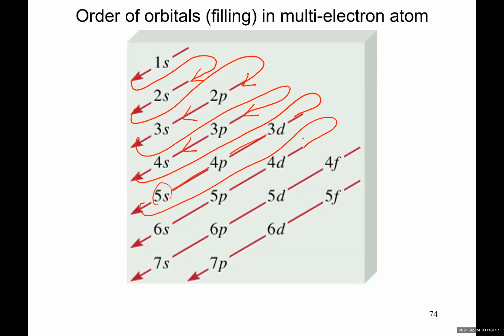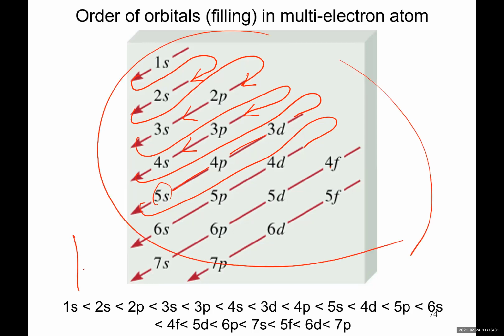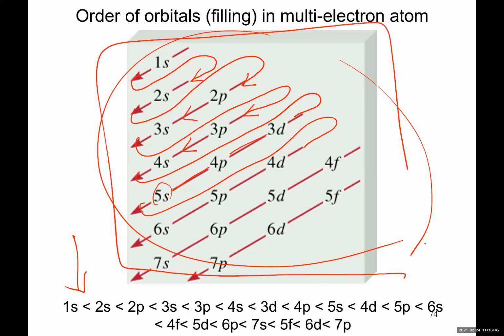Then you can write orbitals in relative energy, in order of increasing energy, and that's what you get. You get this chart, but you won't get this one. You have to write this relative energy by using the information inside this light green card.